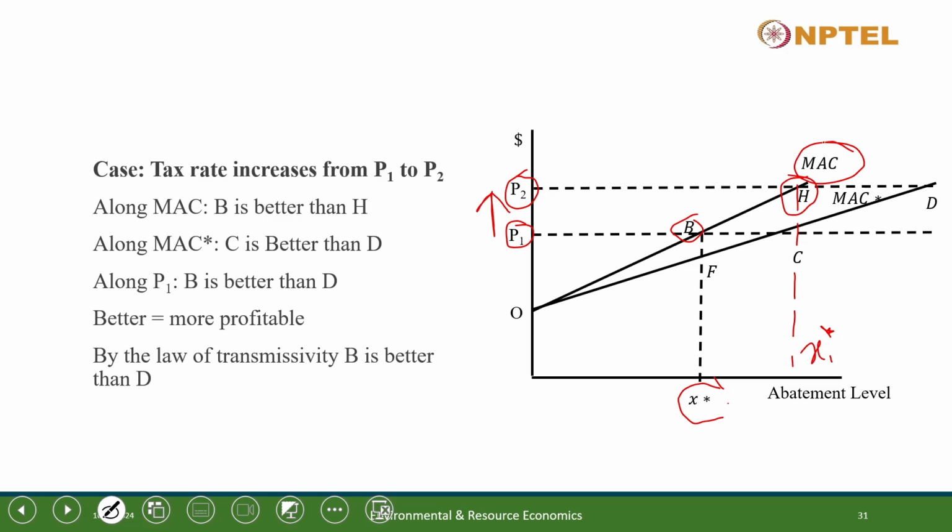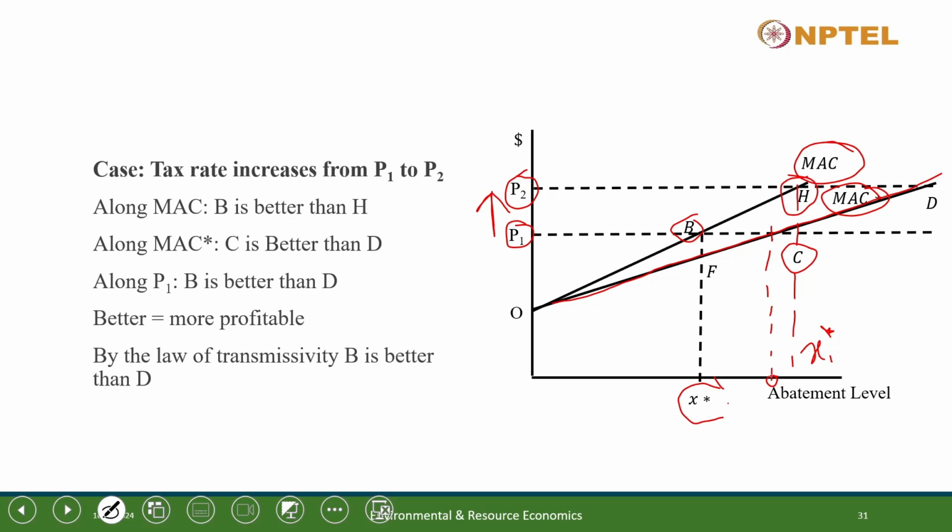However, let's say that I invest in a certain technology and I achieve this MAC star curve, this one. Then in the initial state, this point C will be my optimal point in the second case when I'm choosing to invest in the technology, and this is my optimality point, right?